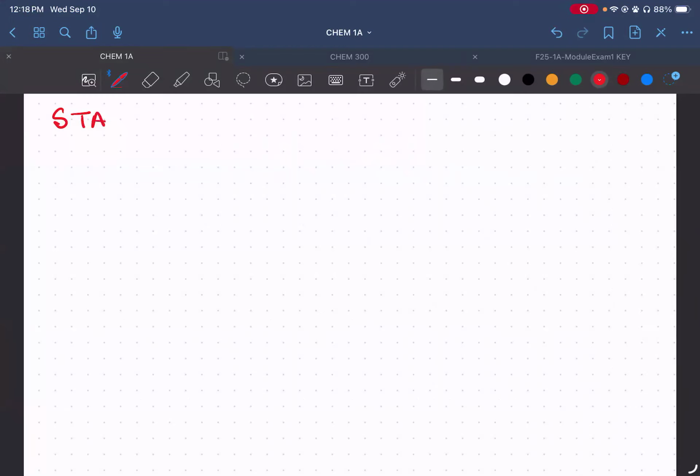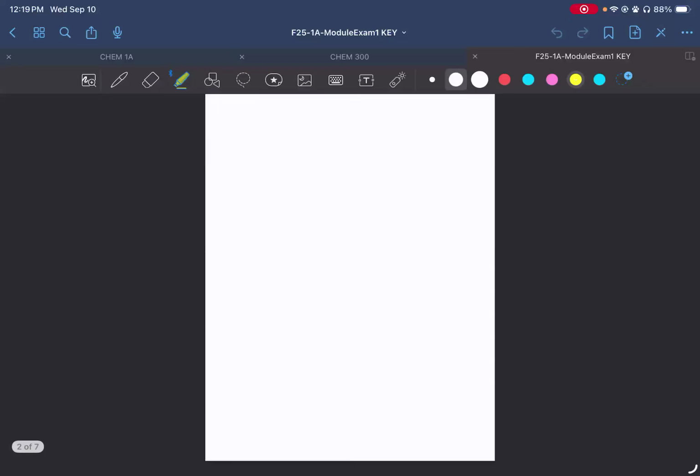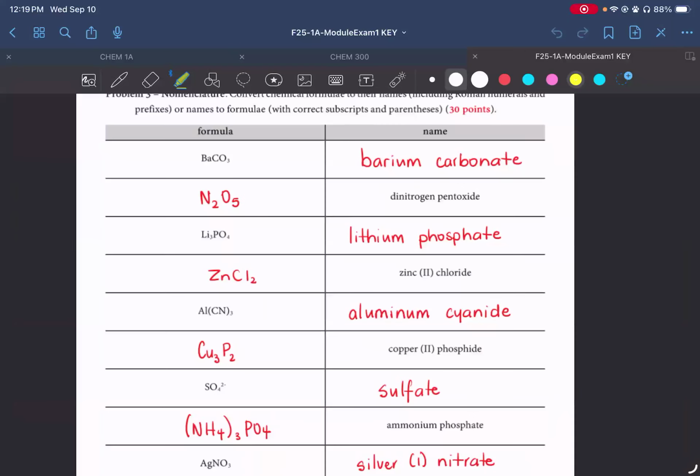Now, something that regularly comes up is the idea of the cumulative nature of this class. Technically speaking, of course, I will not ask you for material or questions based off of module exam 1. However, some of the details we covered in module exam 1 will come back. I think of most notably naming.